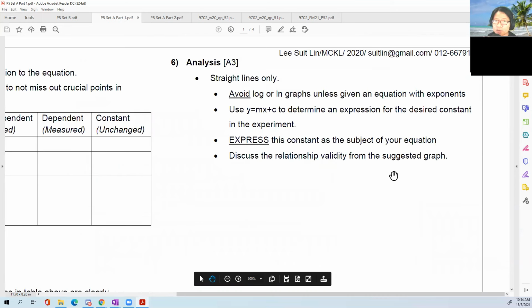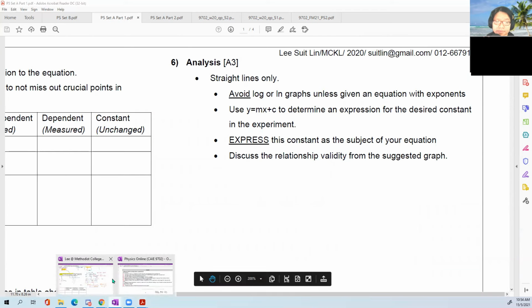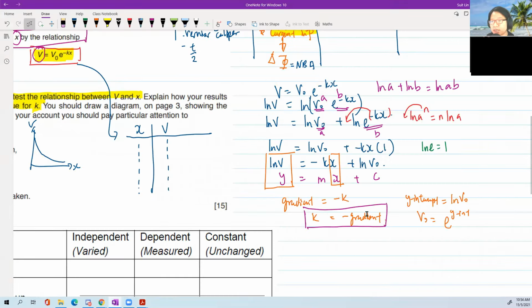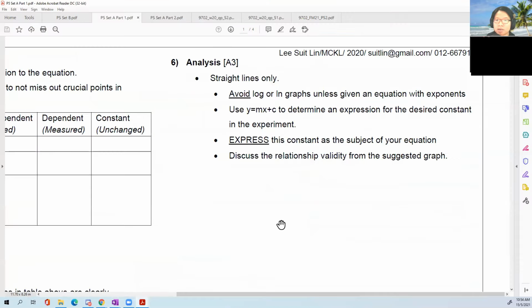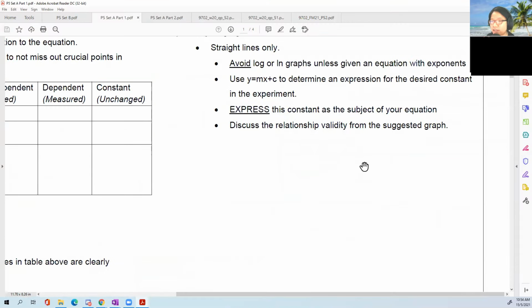Then express the constant as the subject of your equation. So instead of "gradient is negative k," we must write "k is negative gradient." Instead of "y-intercept is ln v naught," we write "v naught is e to the power of y-intercept." Discuss the relationship validity from the graph.